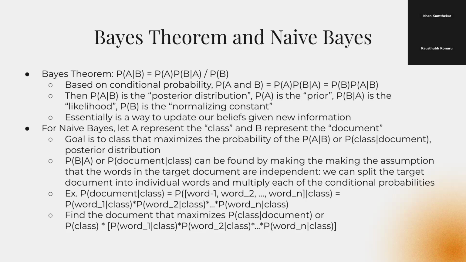So let's look at the likelihood, which is P of B given A, or the document given the class. If you just have the entire document, it's hard to give it a certain number or value. But as we showed before with the vectorization of words, we can make an assumption that all the words in the document are independent. Once we make them independent, we can split the document into individual words, and transform each into some sort of weight based on what we did before, so you get a vector of weights for the individual words.